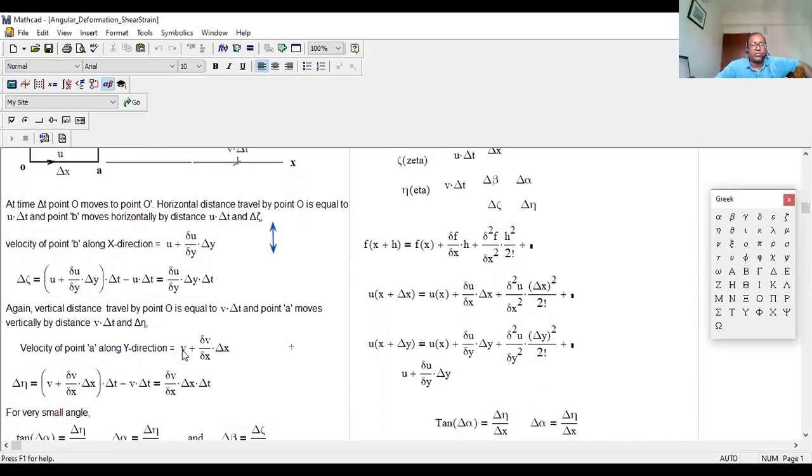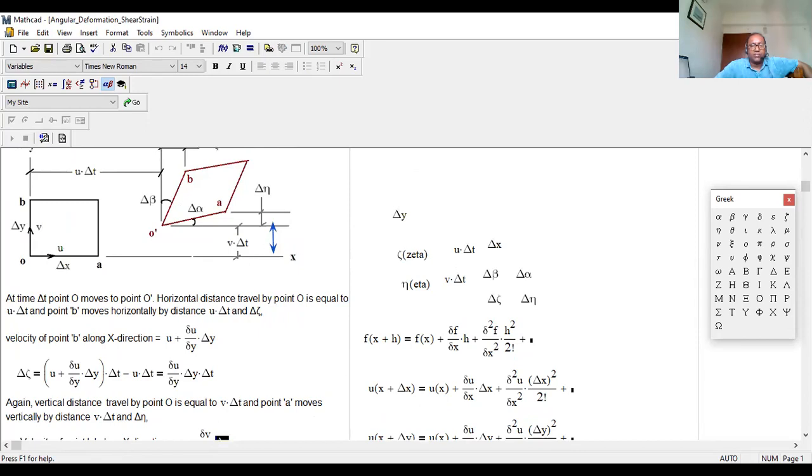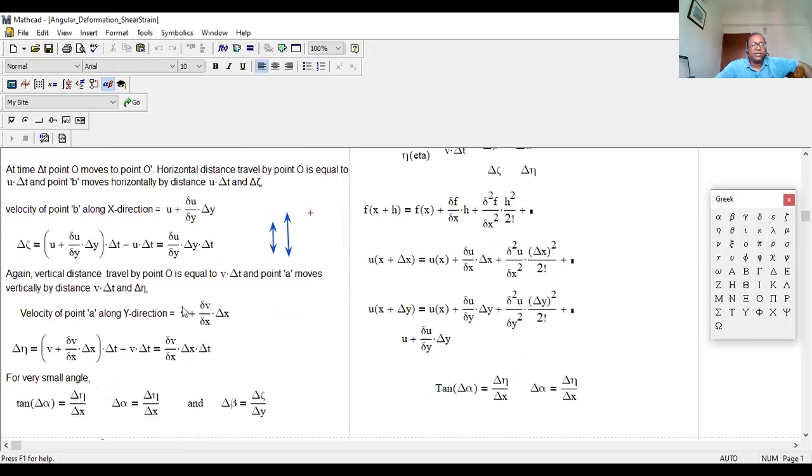At point A, the velocity will be v plus del v by del x into del x, where df by dx is this one and h is del x. So this distance from here to here will be the y velocity of point A into time. The y velocity of point A is this one.